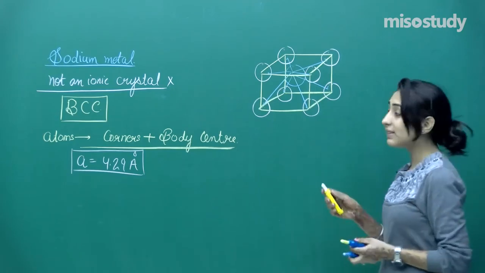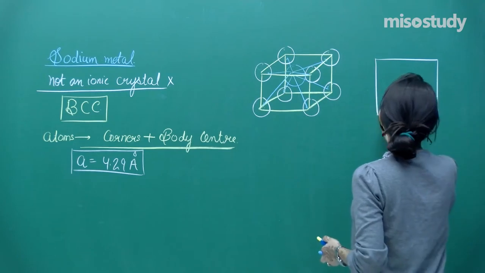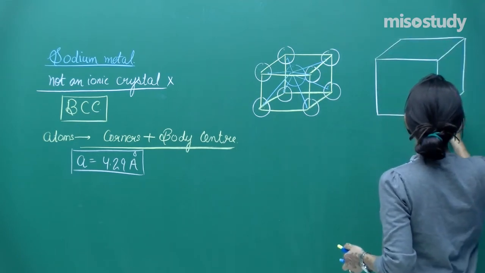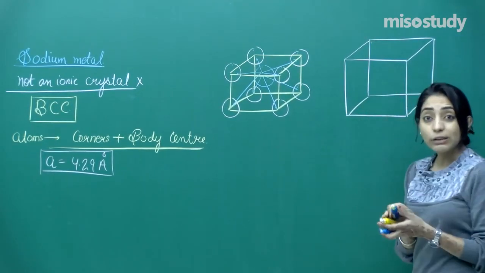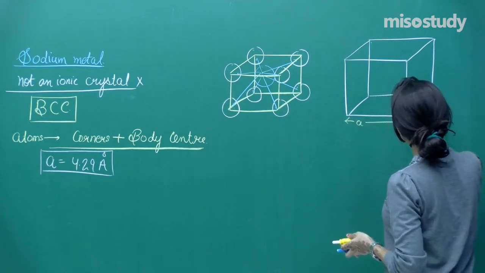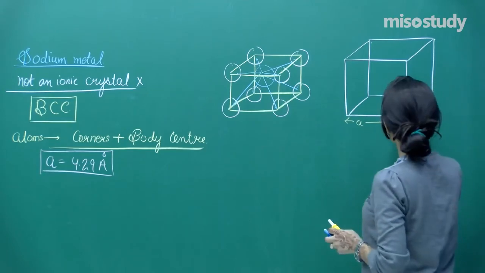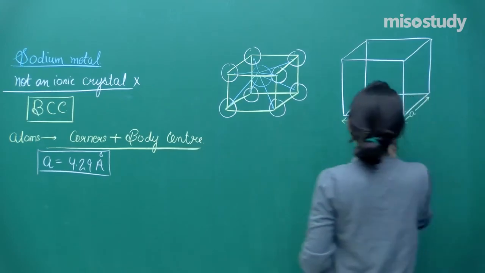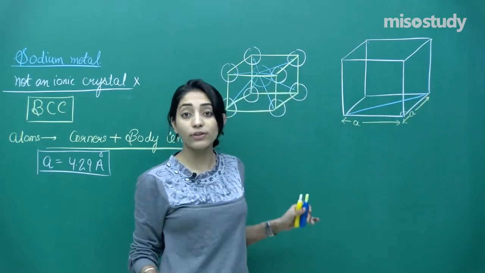Now let us try to figure out the length of the body diagonal. Let us assume the edge length which is given to be A. This is also A. If this and this are A and this angle is 90 degrees, you can use the Pythagoras theorem to find the length of this blue line.